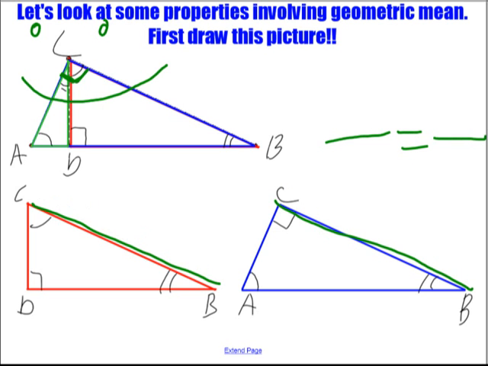So CB in the red triangle, what does that correspond with in the blue triangle? Well, notice that CB is actually the hypotenuse of the red triangle. It's opposite the right angle. That's an easy way to recognize it. So that should correspond with the hypotenuse in the blue triangle, which is AB.